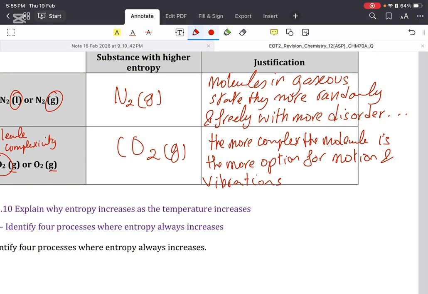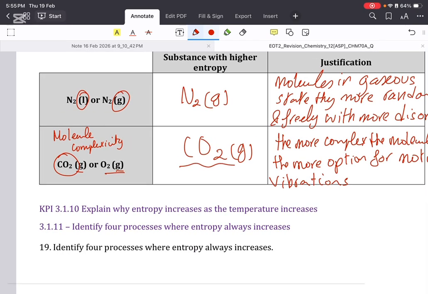So these molecules are going to move in more random ways than the O2.